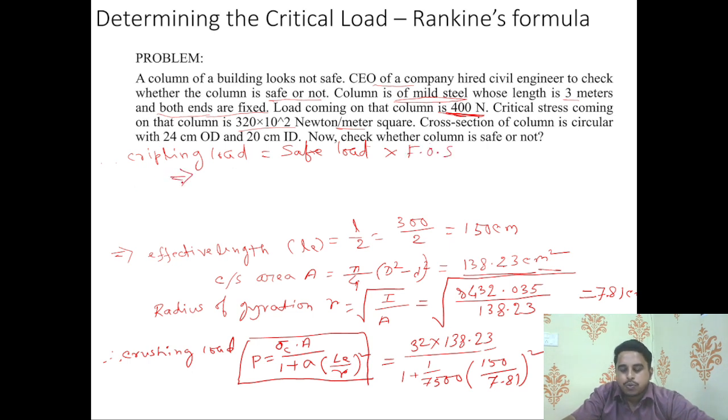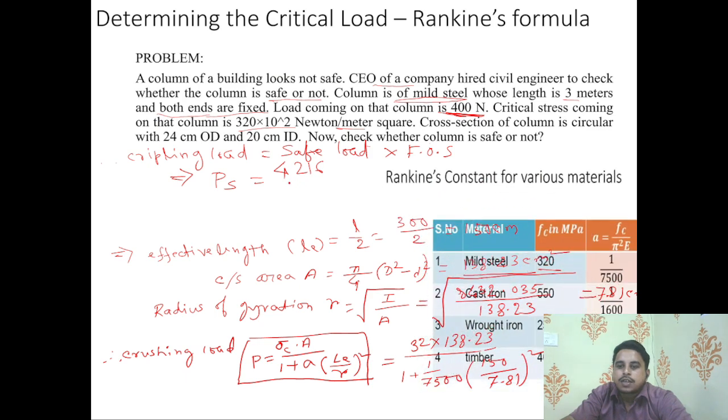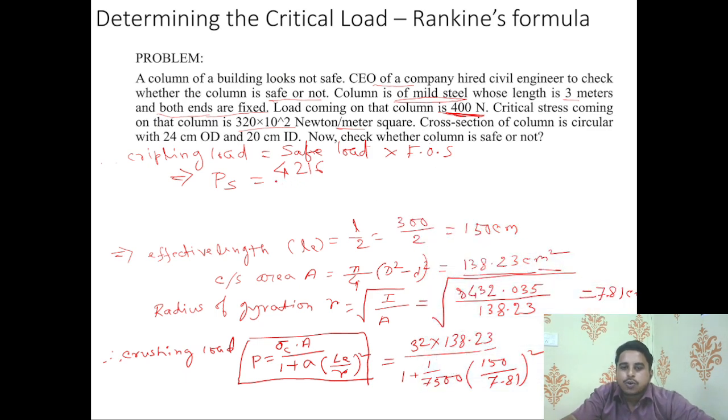So from here, the safe load PS is equal to crippling load, that is 4216, divided by the factor of safety. We consider it between 2 to 5 for cast iron. For mild steel, here we will take the factor of safety as 5. Then we will have the safe load, which is 843 Newton, and it is much higher than the value given in the question.